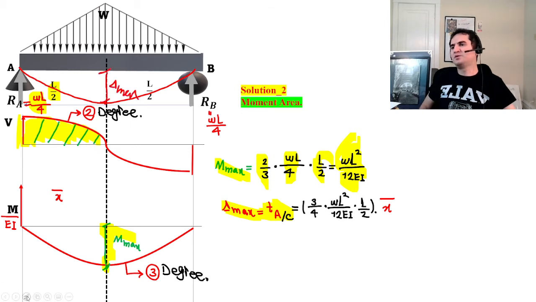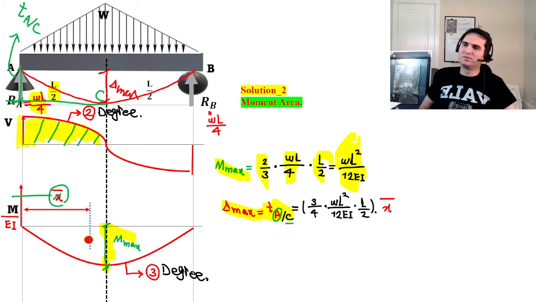And if you take a closer look, it's simply a tangential deviation, the vertical distance, of A with respect to C, which is the center. So if delta maximum is the tangential deviation of A with respect to C, you have to measure x bar from A. So I need this distance.